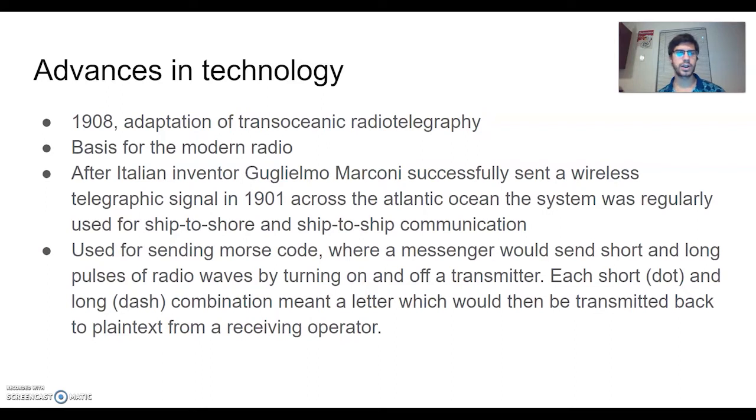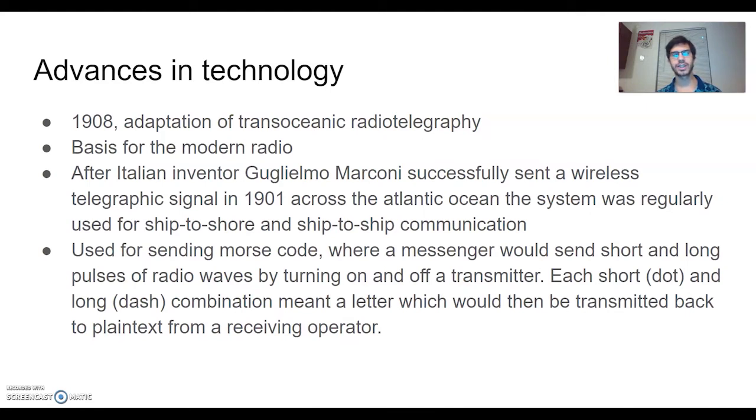With advances in technology, the need for these flags kind of dwindled. In 1908, an adaptation of transoceanic radio telegraphy became the basis of modern radio, and it was after an Italian inventor named Guglielmo Marconi successfully sent a wireless telegraphic signal in 1901 across the ocean.